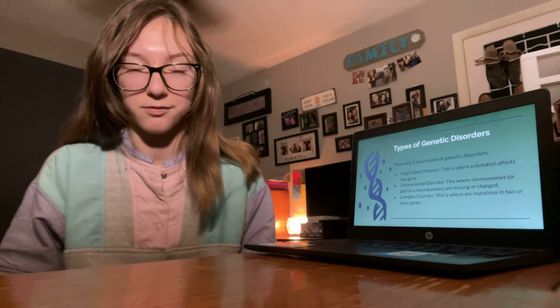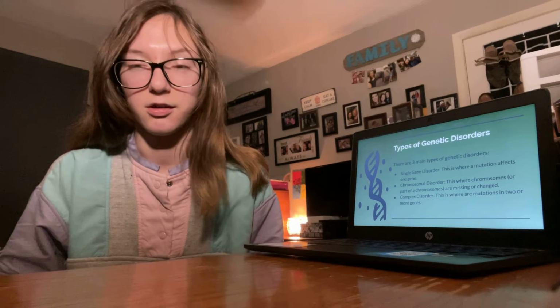It could also just affect a part of the chromosome instead of the entire one. And then there's a complex disorder, and this is where the mutations are in two or more of the genes instead of one, as in a single gene disorder.